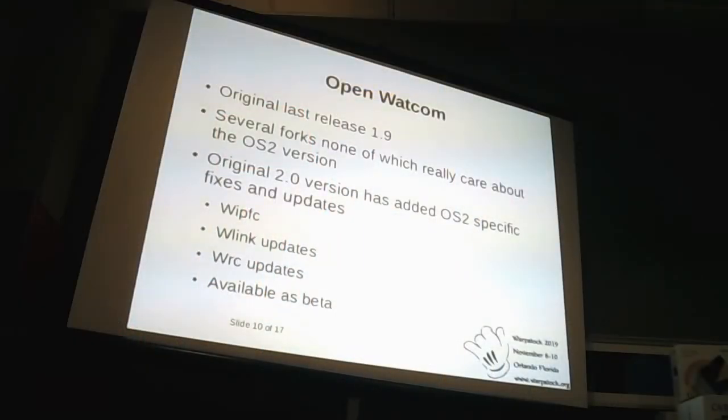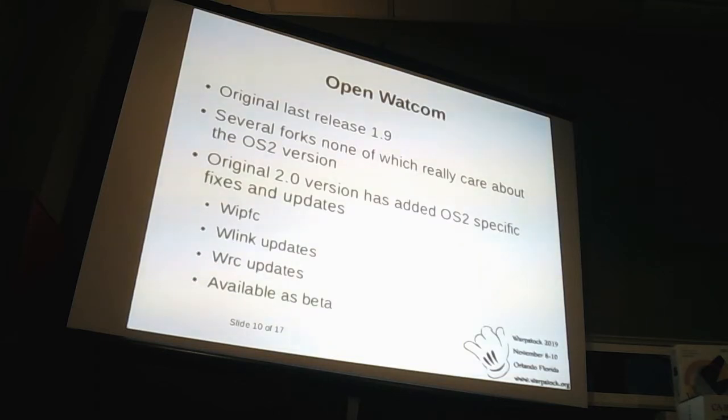And as such, they're not concerned whether they break the OS2 version or not. I've never tried any of them, so I don't know that they're broken, but probably something to avoid rather than find out how they're broken.